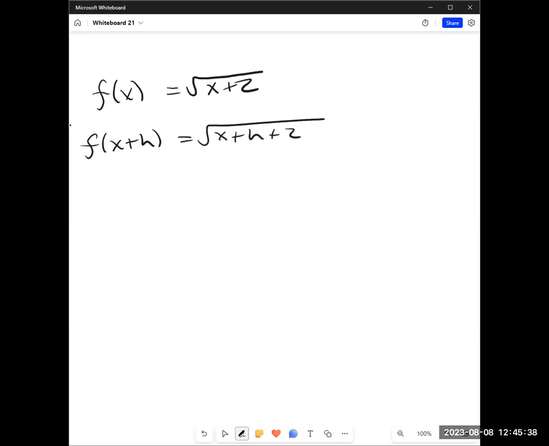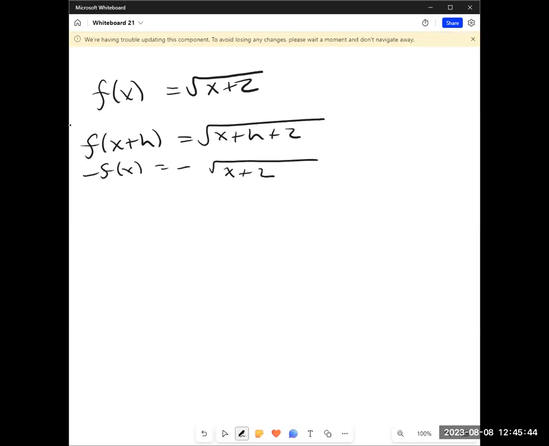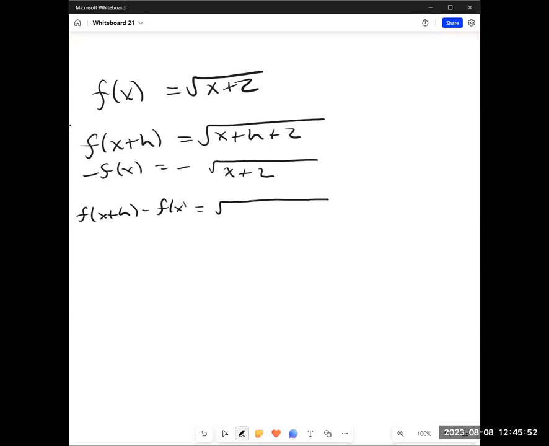And then when I subtract f of x from it, and we're going to divide by h.